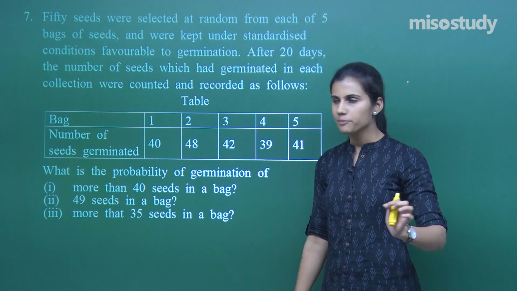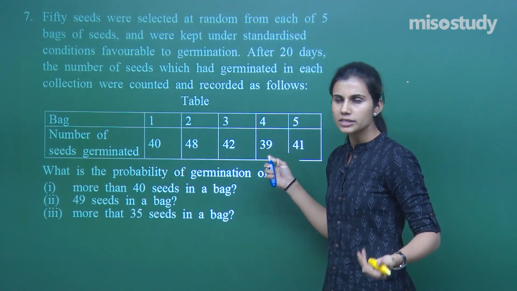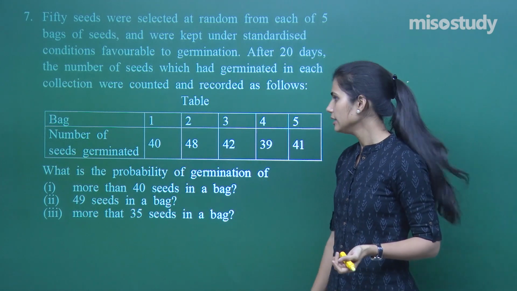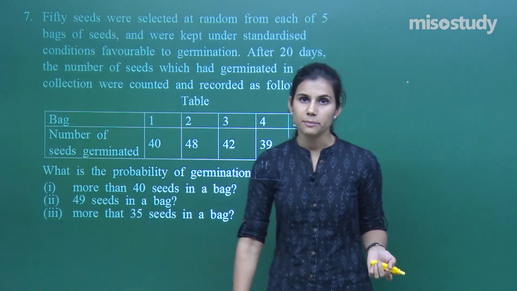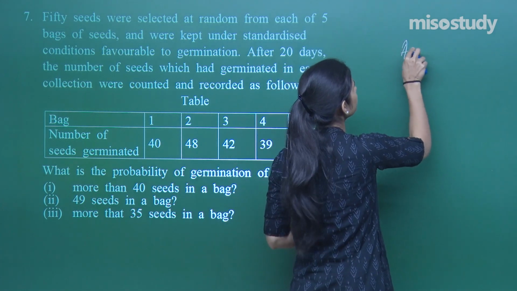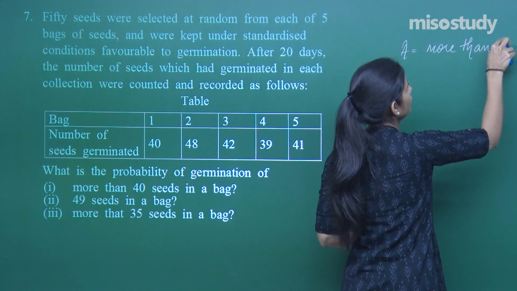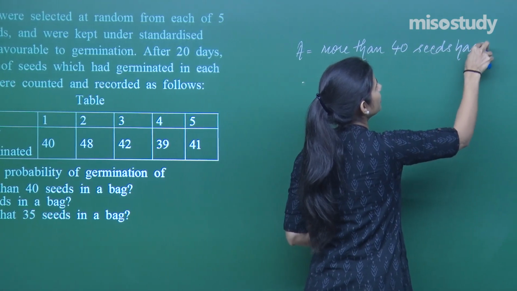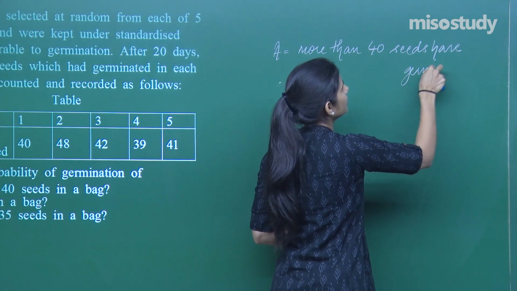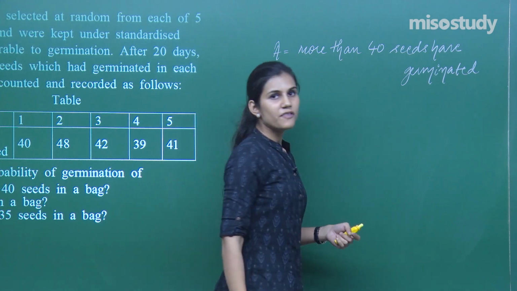In total I have 5 bags, and this is the data corresponding to the number of seeds out of 50 which have germinated in each bag. I have to find the probability of germination of more than 40 seeds in a bag. So if event A is that more than 40 seeds have germinated, in total I have 5 bags.